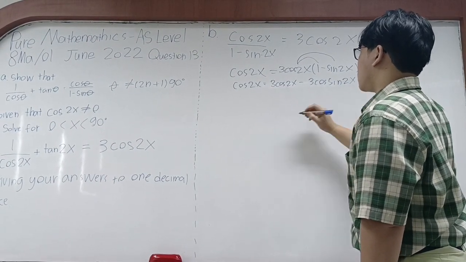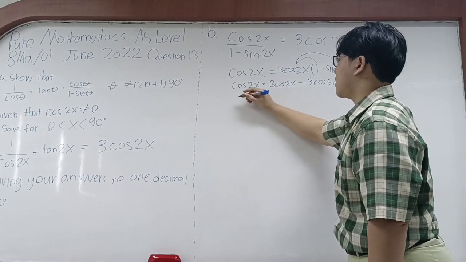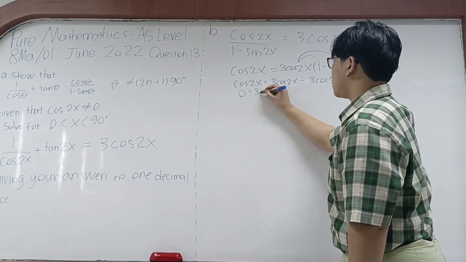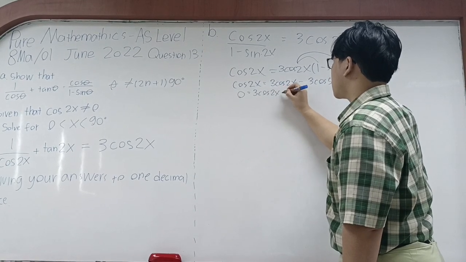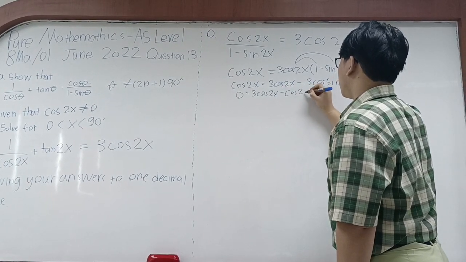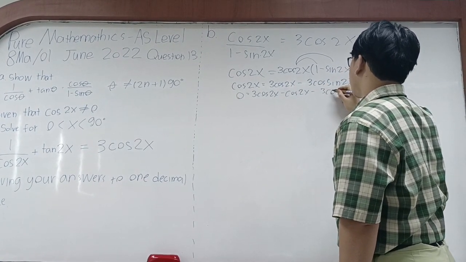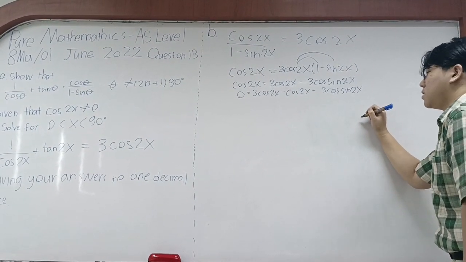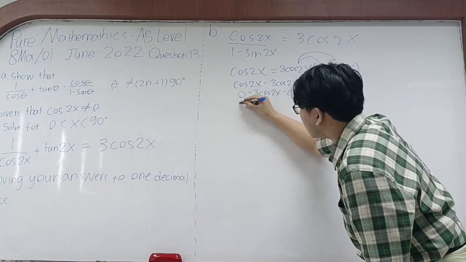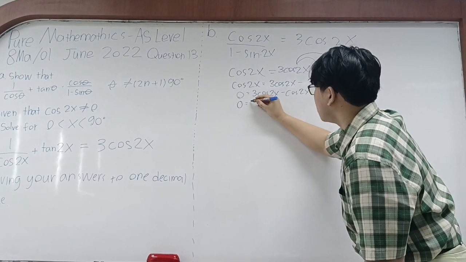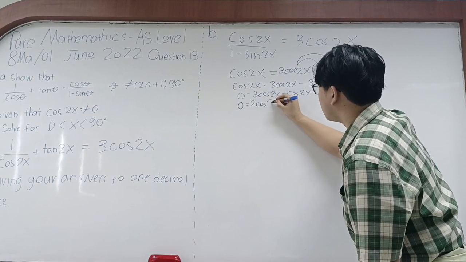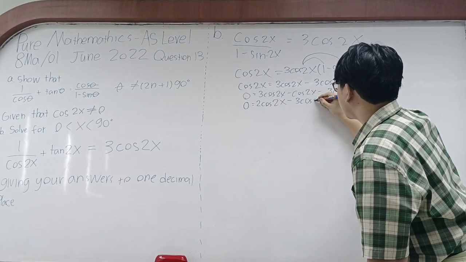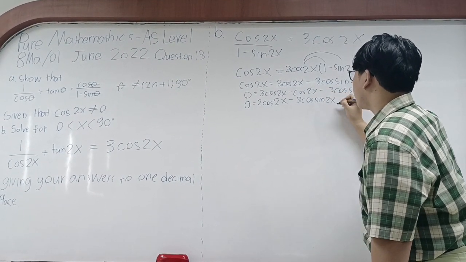Then we can just move cos 2x to the right hand side, which will give us 0 equals 3 cos 2x minus cos 2x minus 3 cos 2x sin 2x. Then we can simplify this to 0 equals 2 cos 2x minus 3 cos 2x sin 2x.